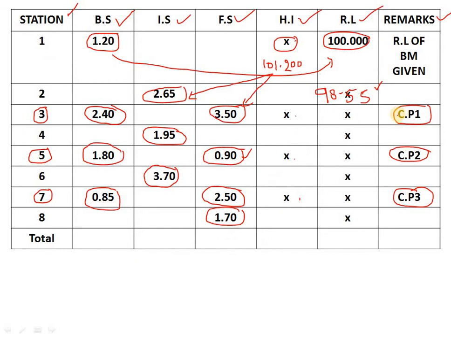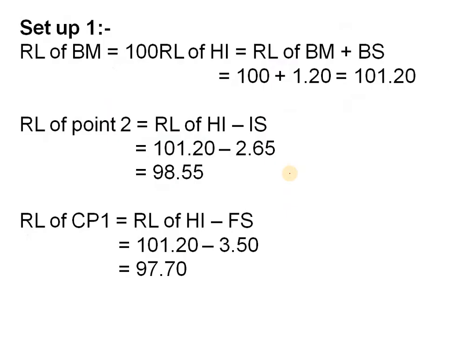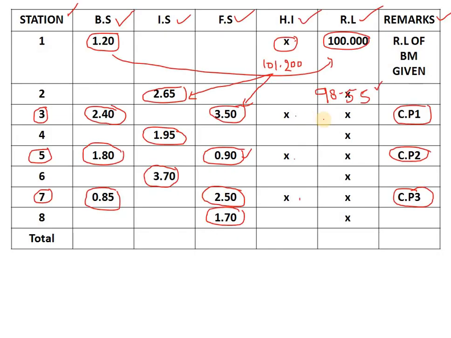So in the change point 1 only we are doing this. 101.200 minus 3.50, the answer is 97.70. Write this one in the station 3.